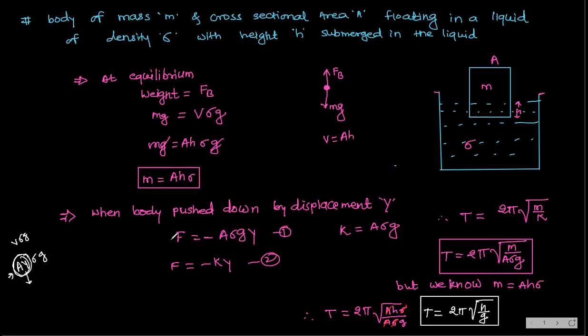Here also V sigma g, but this volume is little changing due to the extra pull, and that's why here I am taking A y instead of taking A H. Understand? Now any doubt? Please ask.